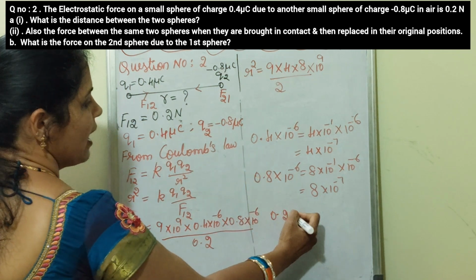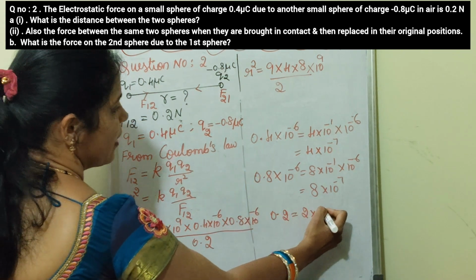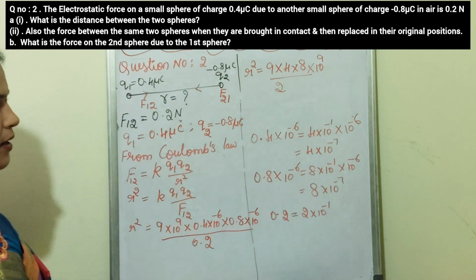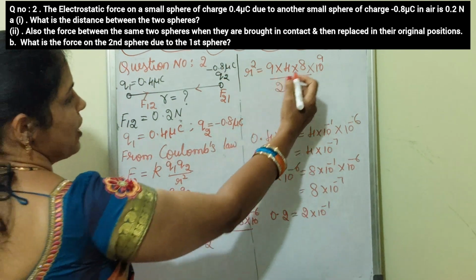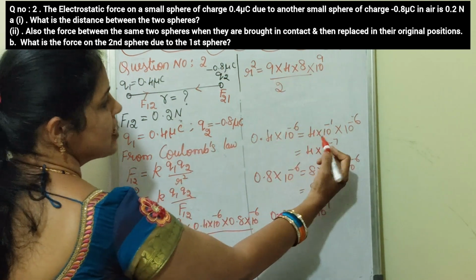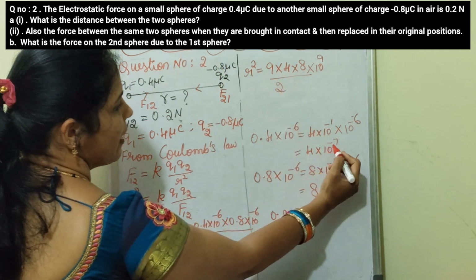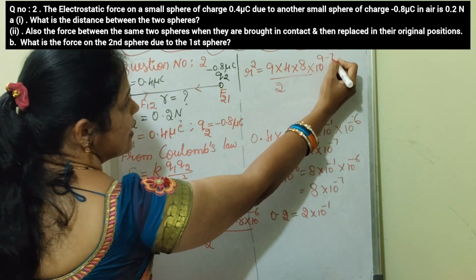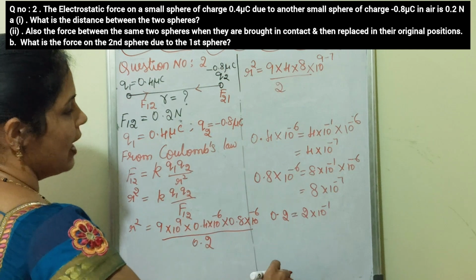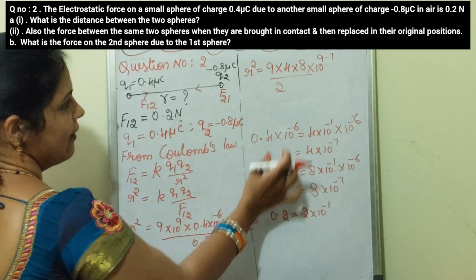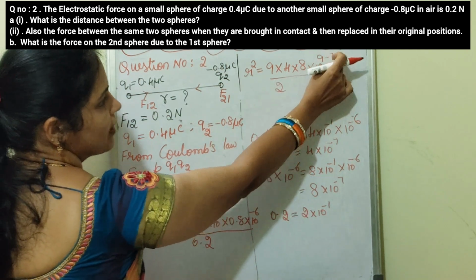Similarly, 0.2 can be written as 2 into 10 to the power minus 1. Now, I'll substitute everything here. I have written 4 already, then the power is minus 7. We know that whenever there is a multiplication, we need to add the powers.